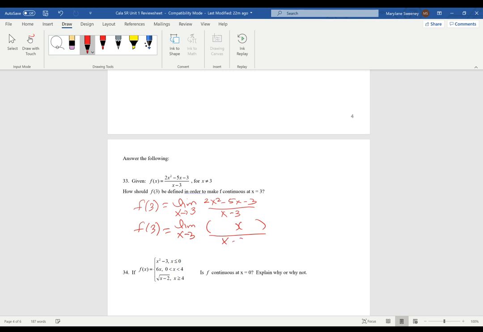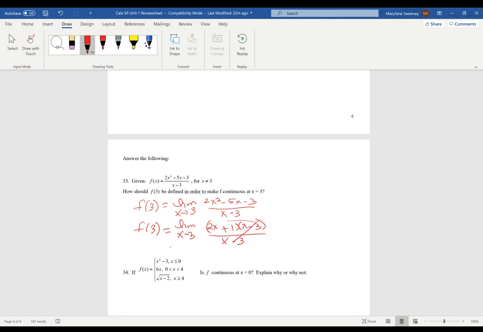If I plug in, I'm going to get 0 over 0, indeterminate form. So I'm going to factor, cancel, plug it in. So we're going to want 1 here, 3 here. Outers, that would be 6x. So minus 6x plus 1x will give us a minus 5.